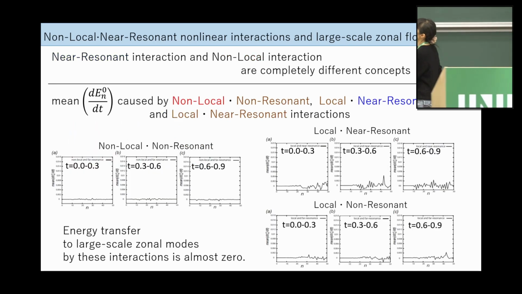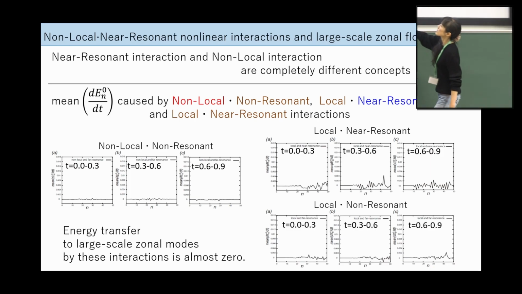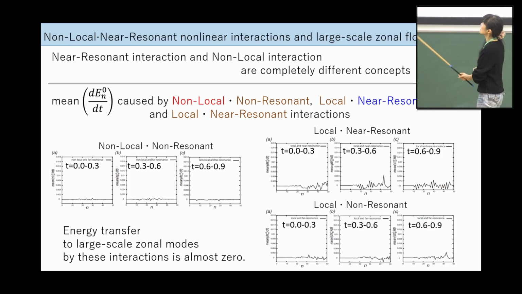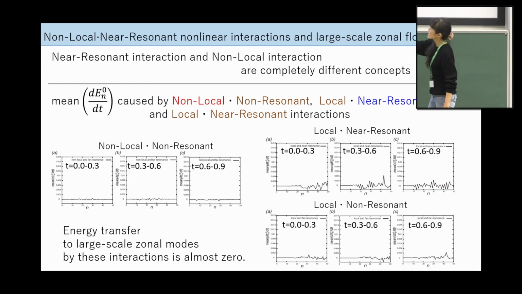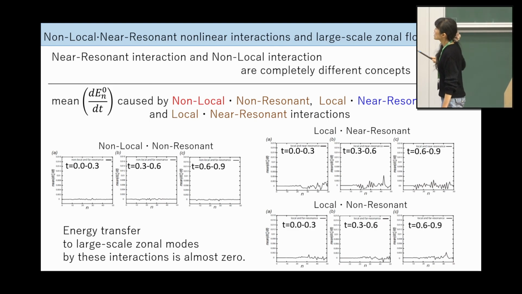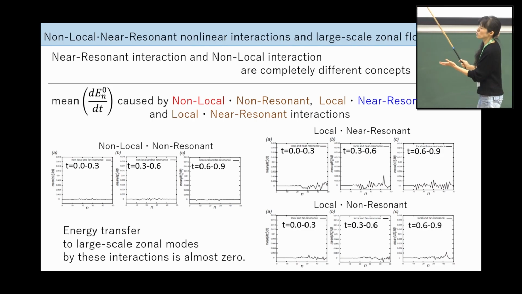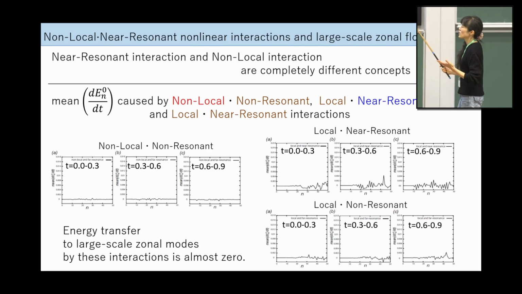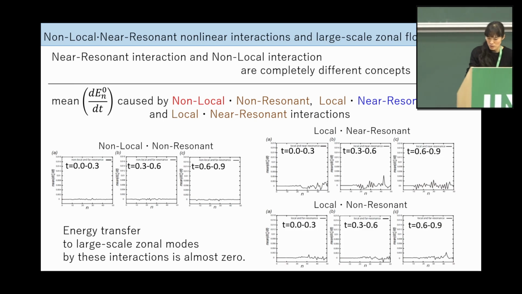And these are the mean value of the time derivative of energy of zonal Rossby modes by these 3 types of interactions. And we see almost zero energy transfer to the large-scale zonal Rossby modes by these interactions. So they are not the major ones to form the large-scale zonal flows.